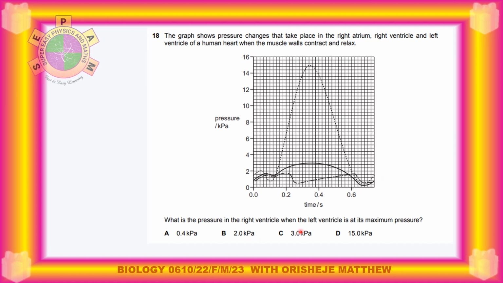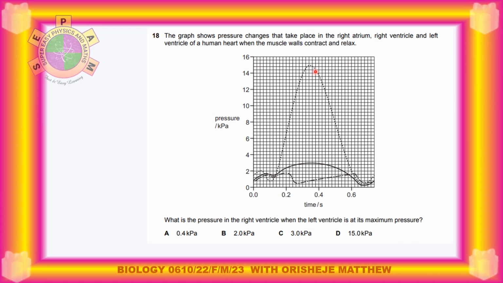Now, what is the pressure in the right ventricle? The right ventricle is a part that carries low pressure. And the left ventricle, you say when the left ventricle is at its maximum pressure, so the left ventricle carries high pressure.